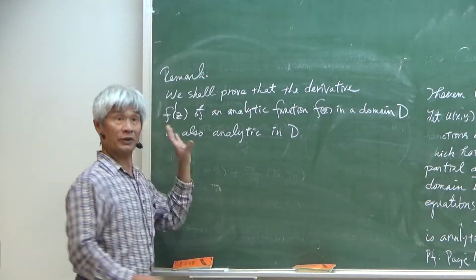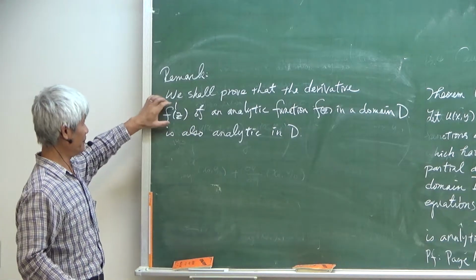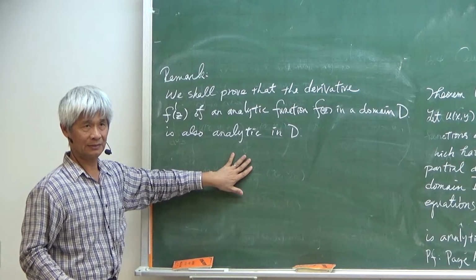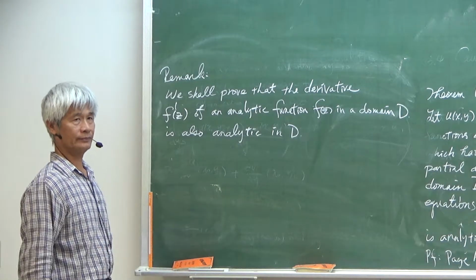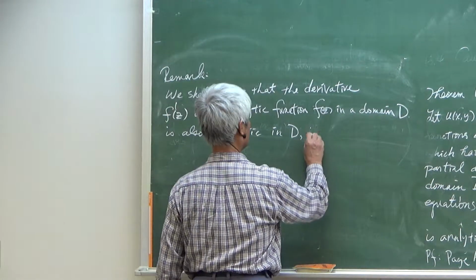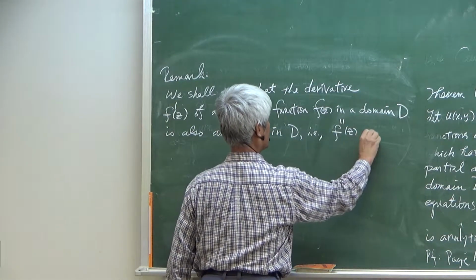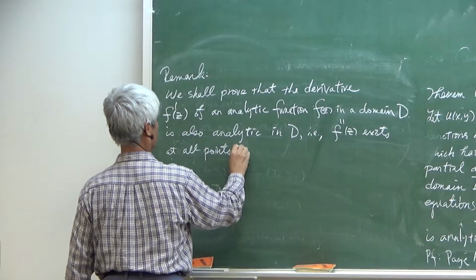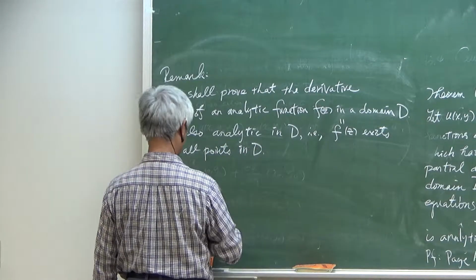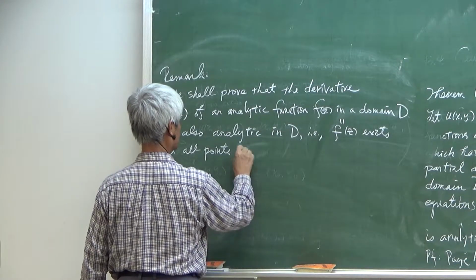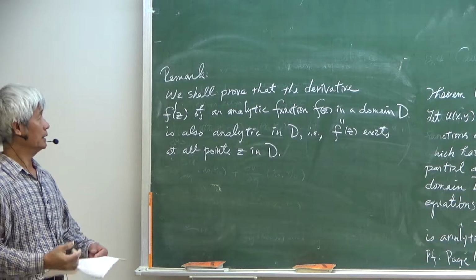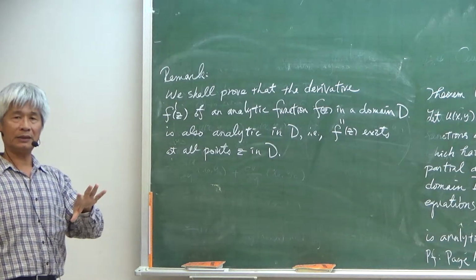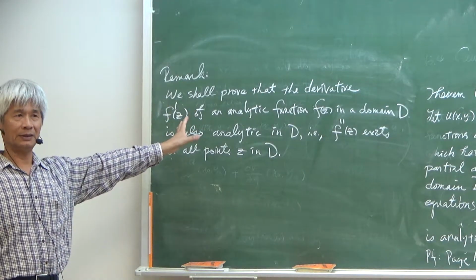Now, the derivative is also a complex function, and this function f'(z) is also analytic in D, i.e., f'(z) exists at all points in D. So if f(z) is analytic, then f'(z) is also analytic, and then f''(z) is also analytic, and so on to infinity.